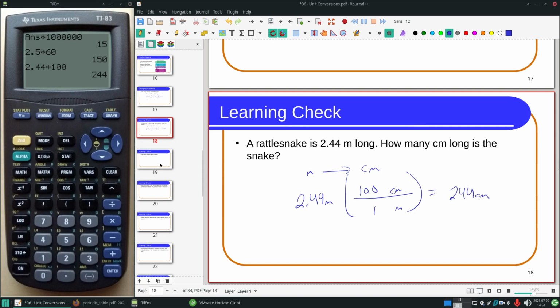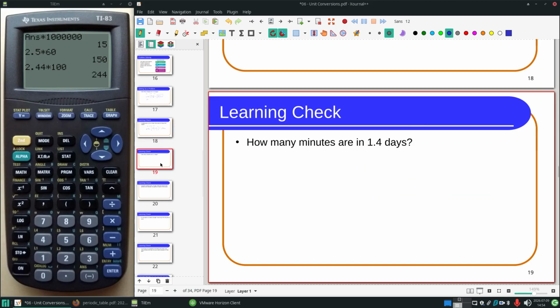Piece of cake. All right, have a slightly bigger one because I doubt too many people know how many minutes in a day. And you don't need to know that. We don't need to have that memorized because we can convert days into hours and then hours into minutes. And I think everybody knows how many hours in a day and how many minutes are in an hour.